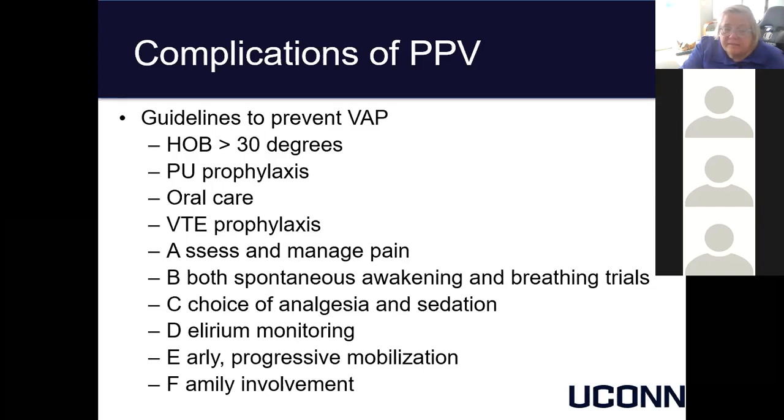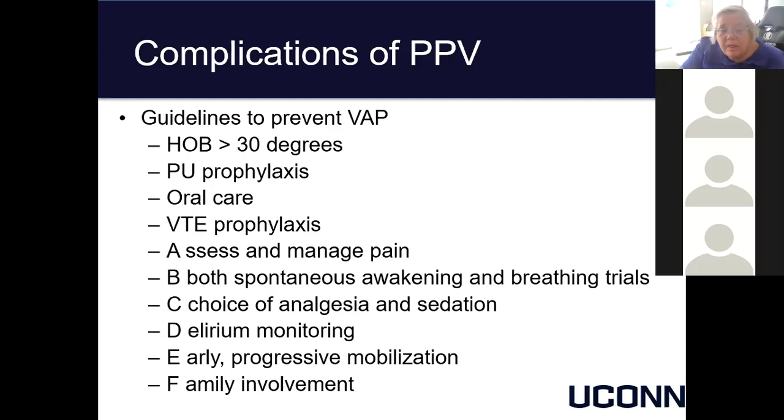Embolism prophylaxis, whether it's heparin or Lovenox subcutaneously, we want to prevent DVTs and we want to prevent pulmonary embolisms. And then assess and manage pain, do breathing trials for readiness for weaning, choose your analgesia and sedation carefully, do a sedation holiday regularly to assess level of consciousness and the patient's ability to participate in breathing and respiratory function.